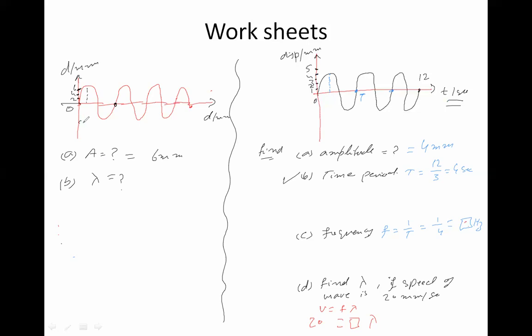This is the wavelength, crest to crest: quarter cycle, half cycle, then quarter cycle. It means within a wavelength there is always one cycle.